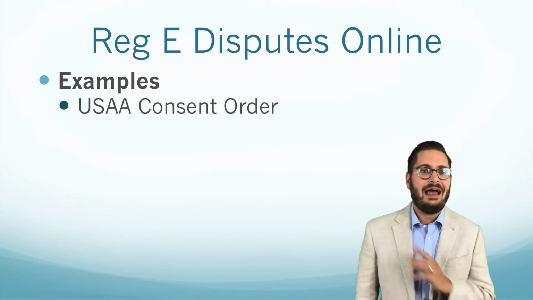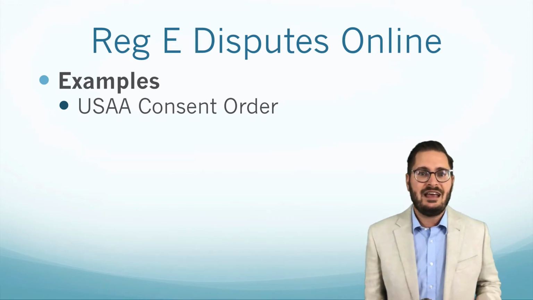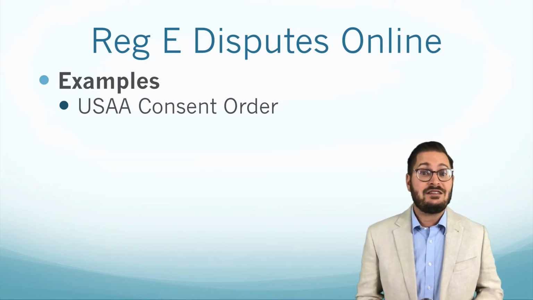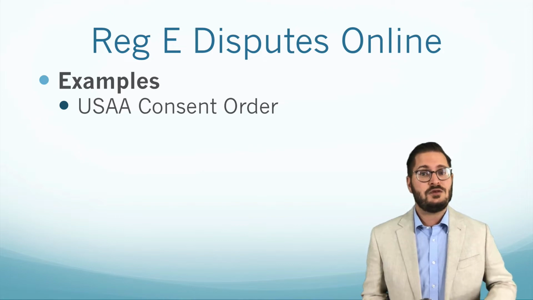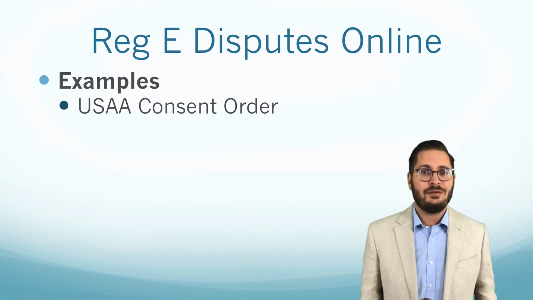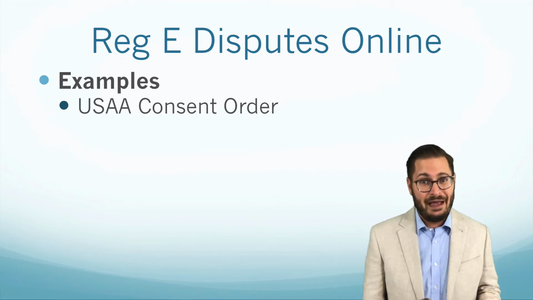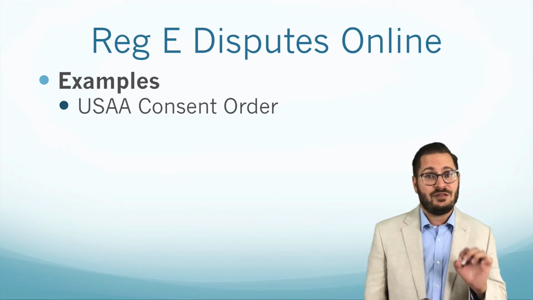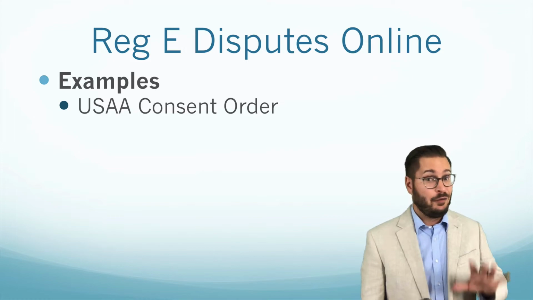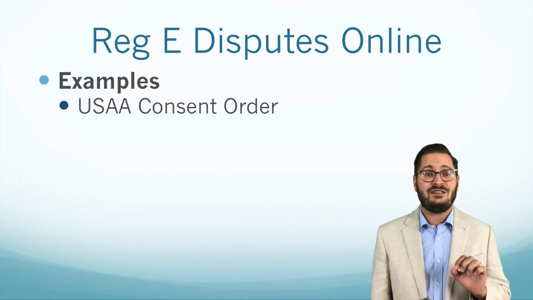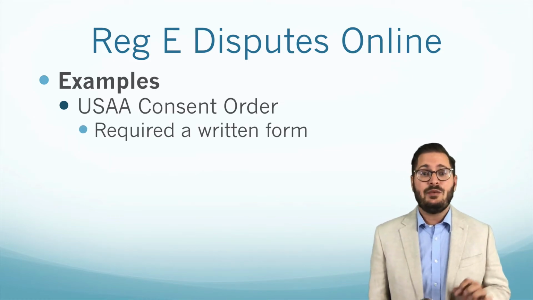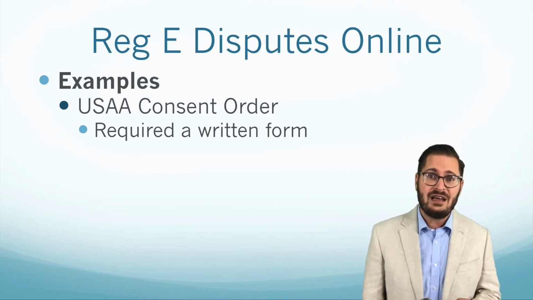The first example I have for you here is from the USAA consent order that took place in early 2019. This was a big consent order from the Consumer Financial Protection Bureau with USAA Bank. And one of the things that was found in this consent order, and there were a lot of things, but one of the things found was that USAA was requiring a specific written form.